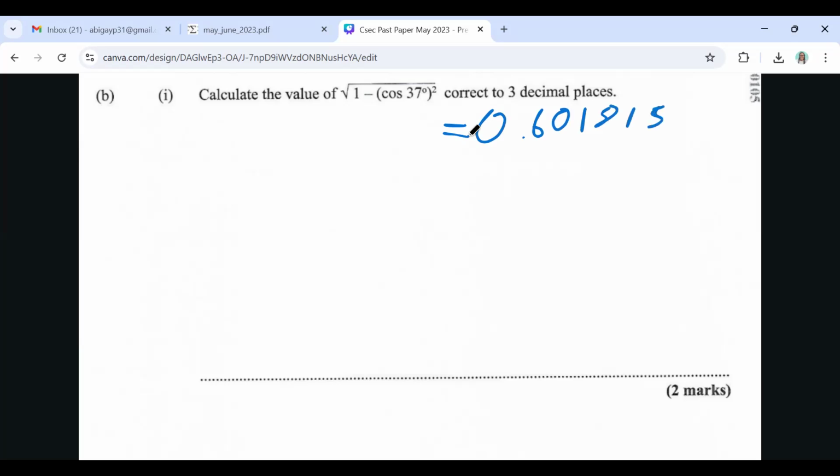And then it said correct to 3 decimal places. So 3 decimal places will be 1, 2, 3, right underneath here. Now we're going to look at the number to the right. And if it's bigger than 5, the 1 will change to 0.602, and that's our answer.